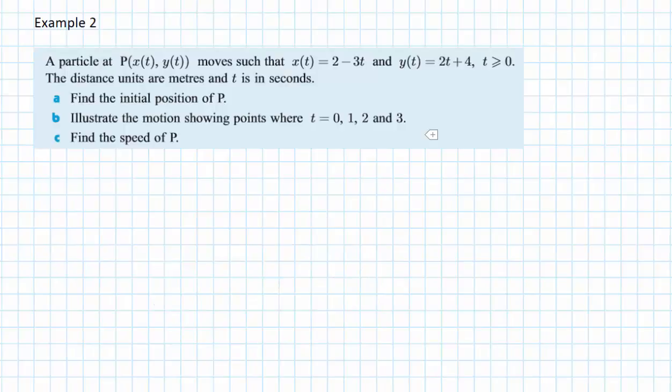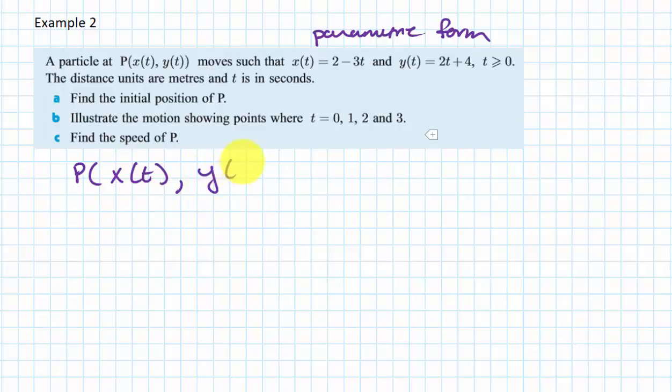So in the second question, it looks like we are given two different equations. So we have our parametric form. And it's saying find the initial position of p, knowing that p has our x and y component, which are both relative to t. So the initial position means that t would have to be equal to 0.